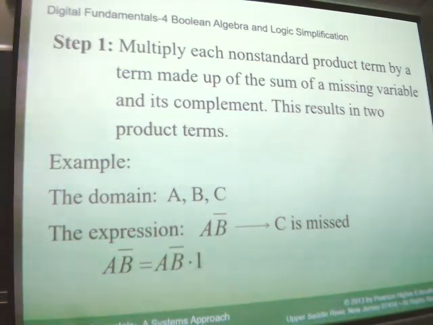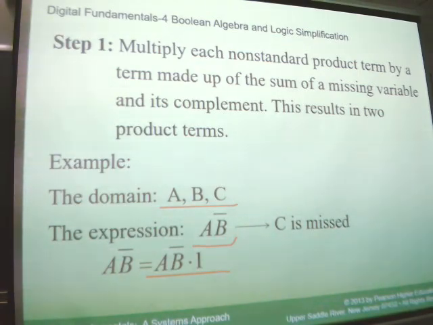A, B bar. There are three variables in the expression, so the product term A, B bar is not a standard product term. So we can use rule 4 of Boolean algebra.